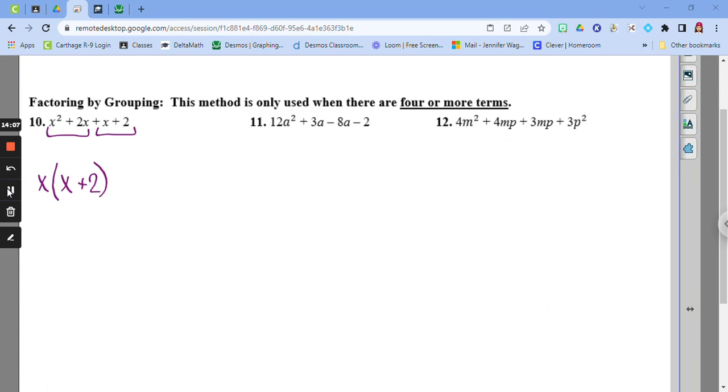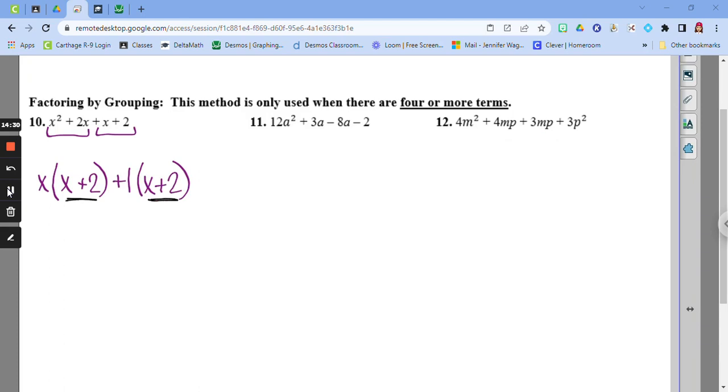Now I look at this next part. X plus 2. The only thing I can divide that by is 1. A positive 1. Which means it's still just x plus 2. And this is what happens.